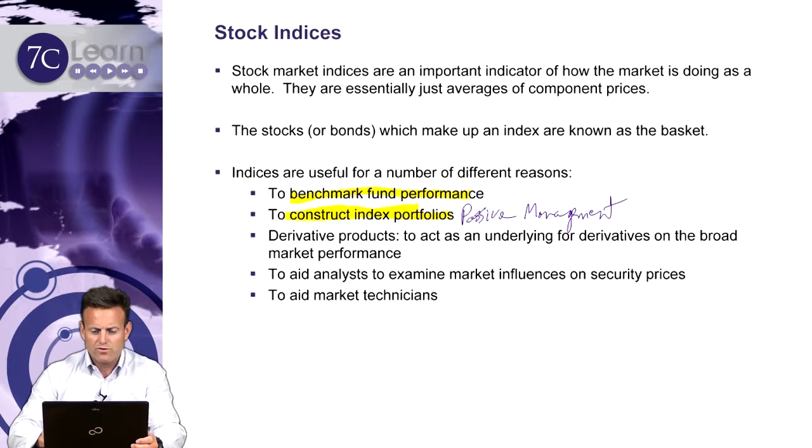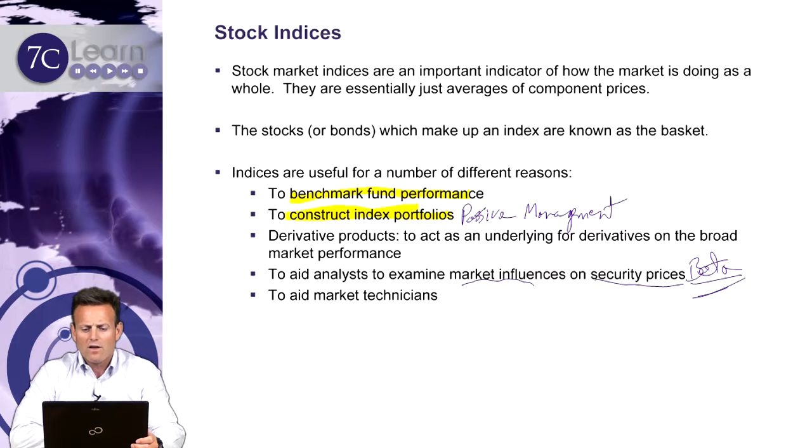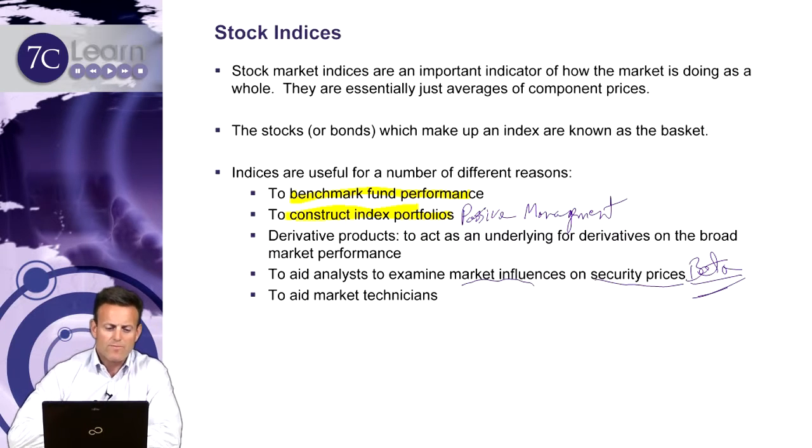This is also used as a tool to gain a sense of market influences on security prices. Okay, so this is that beta discussion again. Beta keeps coming up over and over again, and this is looking at the relationship between the market as described by an index and the particular security or portfolio that we're evaluating, and the linkage between them that we're referring to as beta.